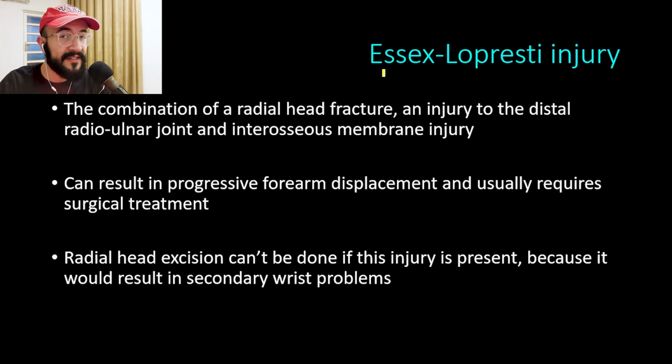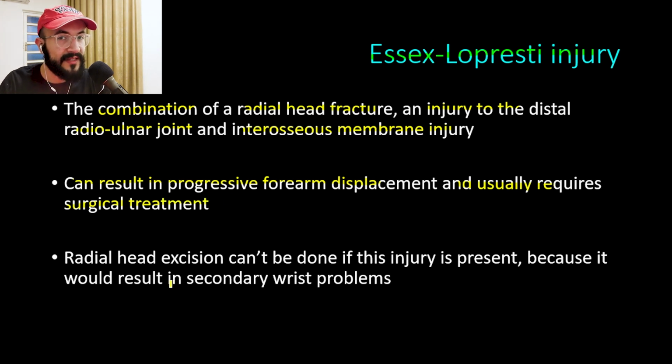Now regarding the Essex-Lopresti injury, this injury is a combination of a radial head fracture and an injury to the distal radioulnar joint and an interosseous membrane injury. This injury can result in a progressive forearm displacement and usually requires surgical treatment.